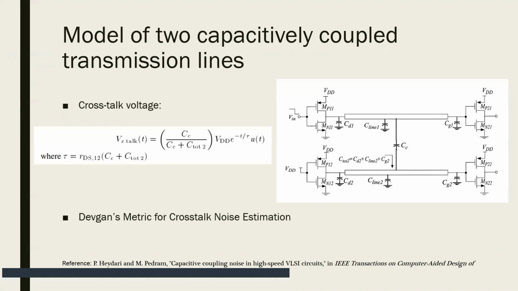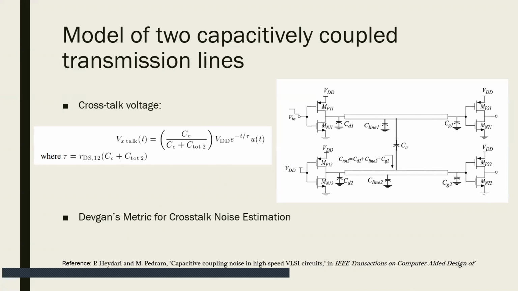So here is an example of Devgan's metric. Basically, the two capacitively coupled wires are considered as transmission lines, shown on the plot to the right. And then through long derivation the crosstalk voltage can be derived as shown in the formula on the left.